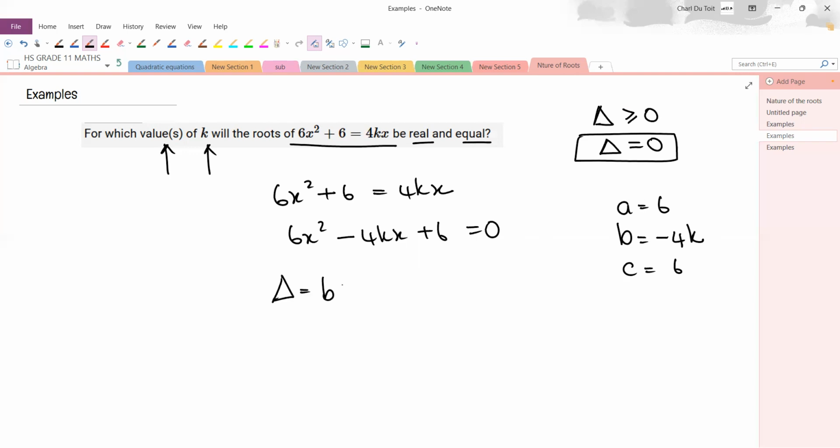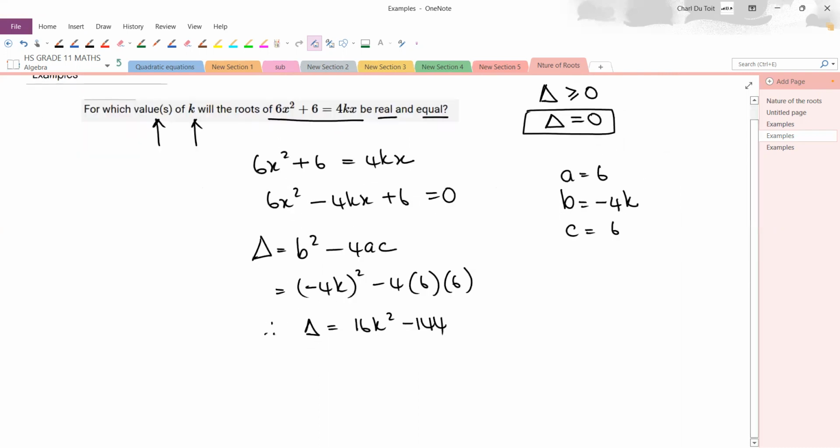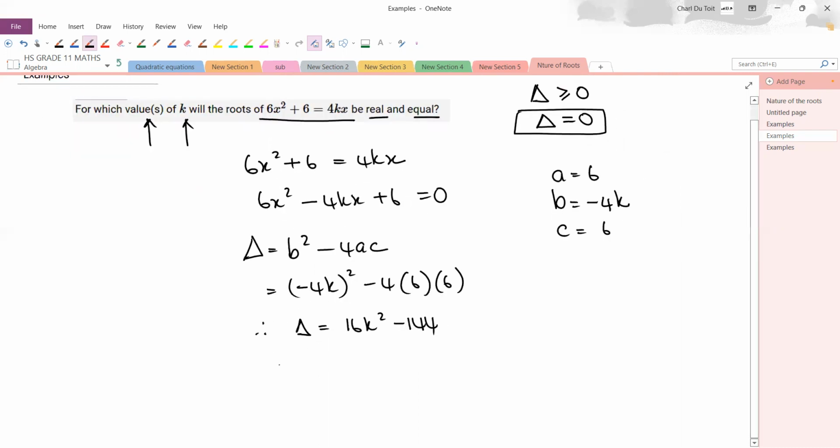So now I'm going to work out delta. Delta is b squared minus 4ac, and that is negative 4k squared minus 4 times a times c. Therefore, delta is 16k squared minus 144, since 6 times 6 times 4 is 144. But for the roots to be equal, it must be equal to 0.